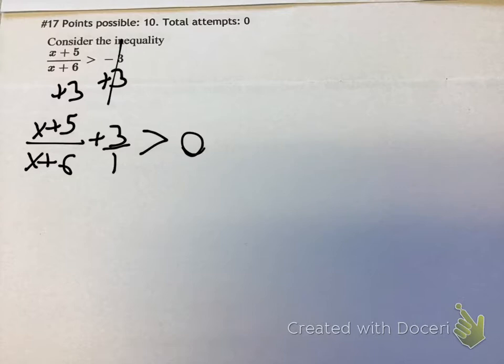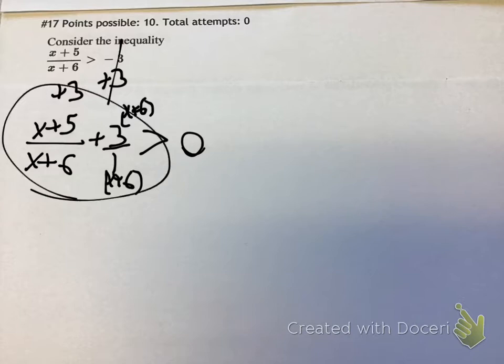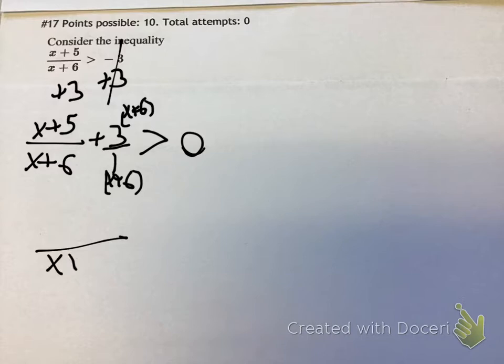Because from there, we can just kind of customize this thing and try and put the fractions together. These fractions don't match, the bottoms don't match. So I'm going to give this one an x plus 6 to match on the left-hand side. Now the lefty and the righty both have an x plus 6 on the bottom. And so this is not time to cancel out bottoms or anything. It's not what we're working on. We're just trying to put the fractions together. And so the bottoms have to match. And so now they both are over x plus 6, because 1 times x plus 6 is x plus 6 over here.